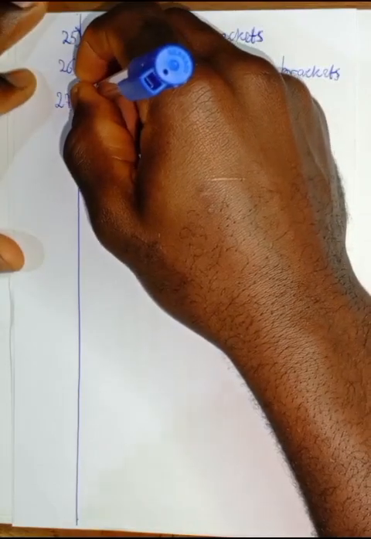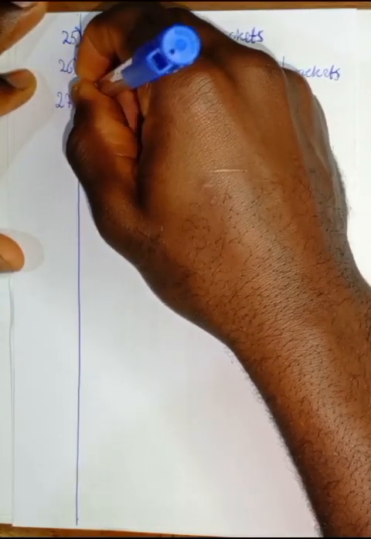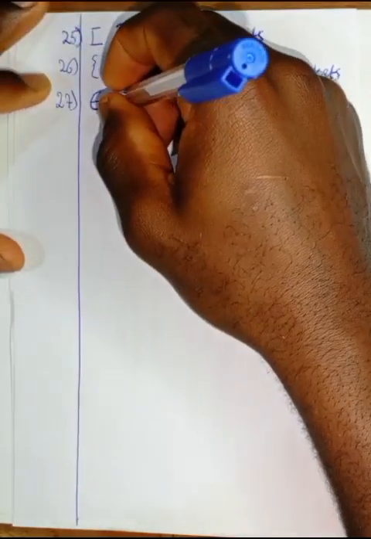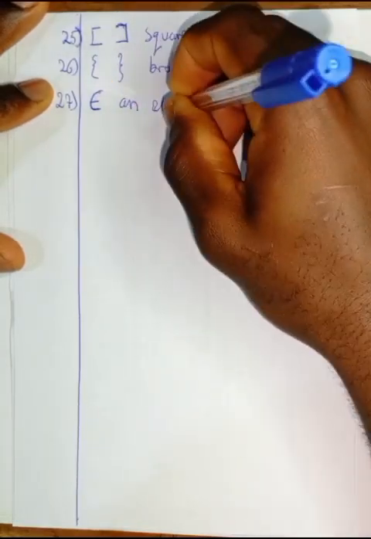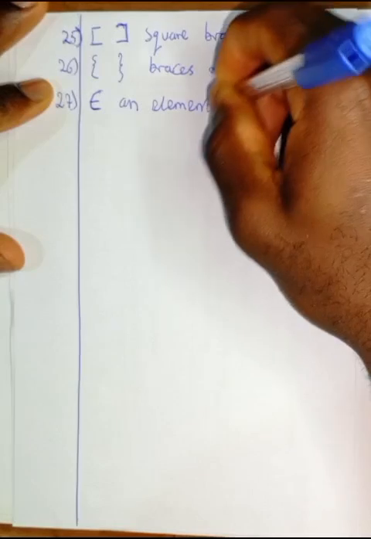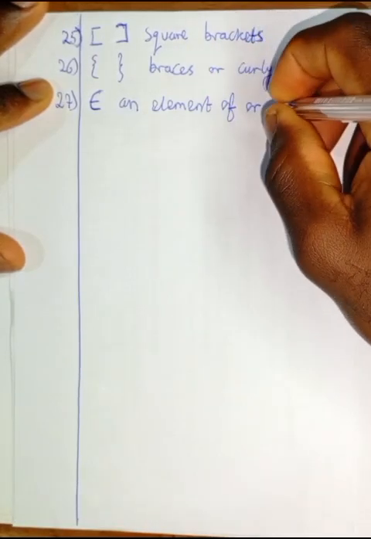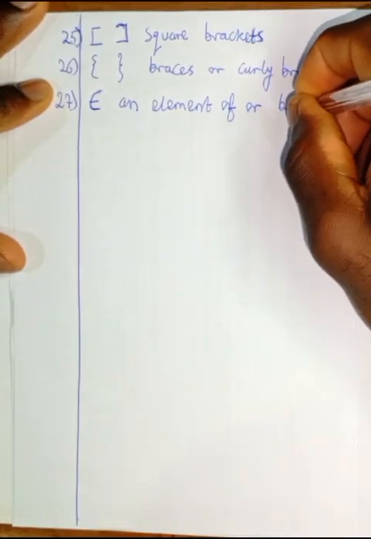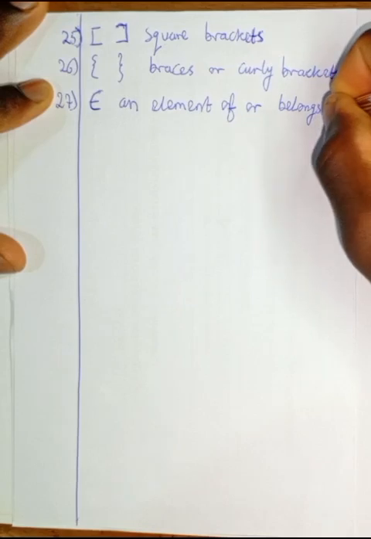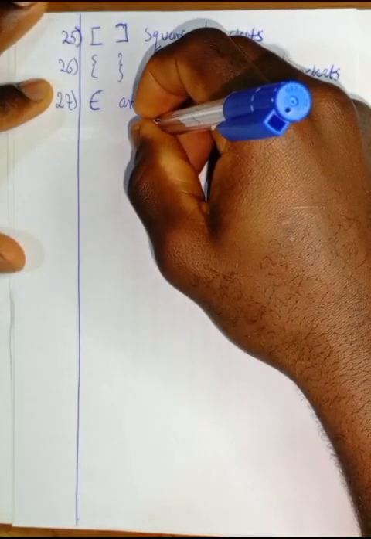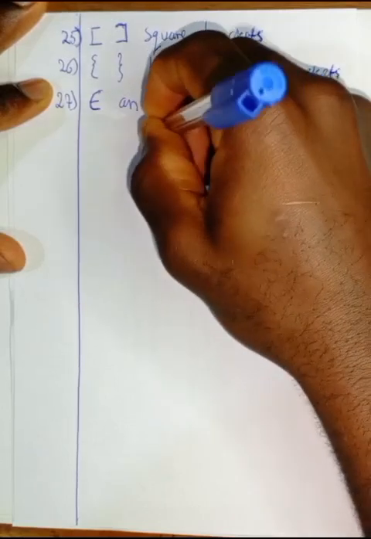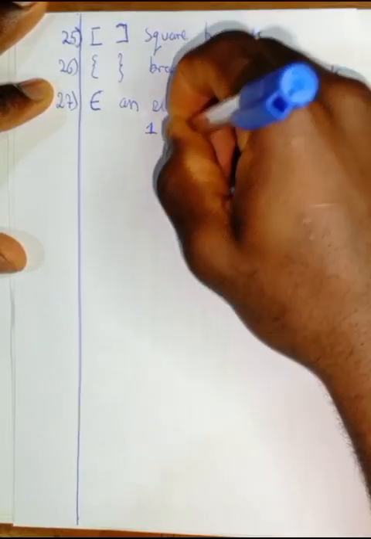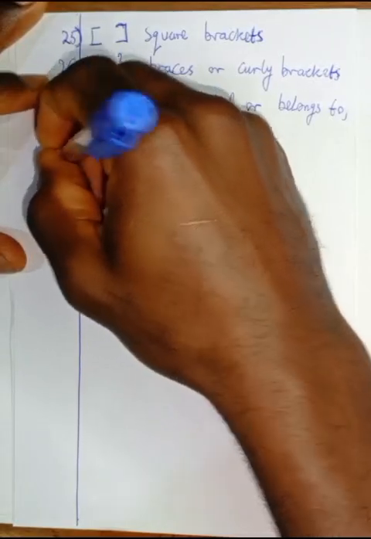Next, we have this symbol which stands for an element of, or belongs to. For example, 1 belongs to the set of natural numbers. We go to 28.